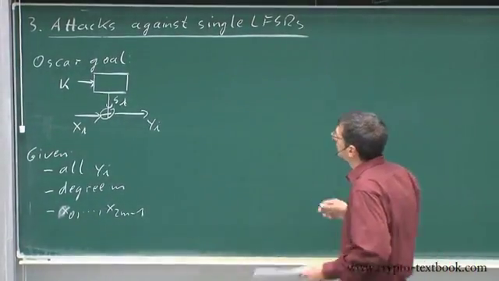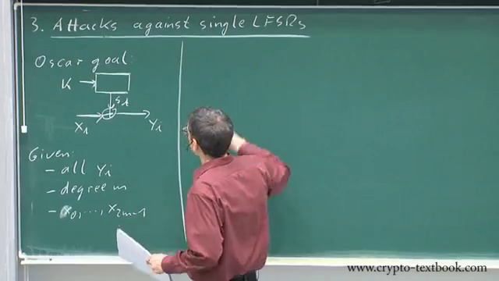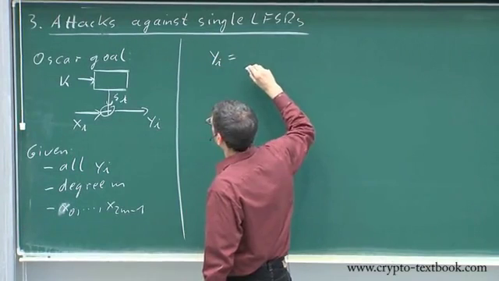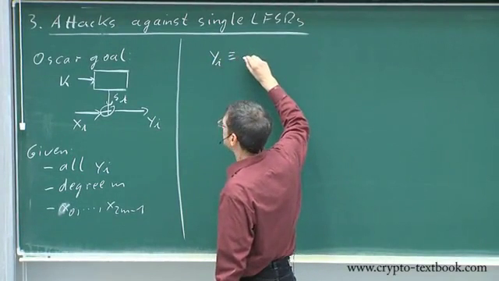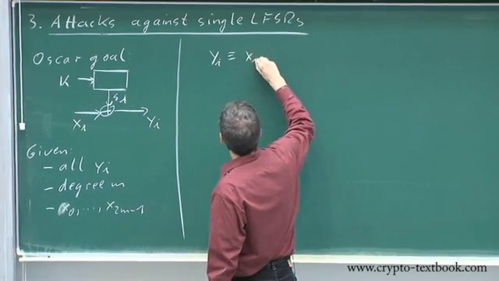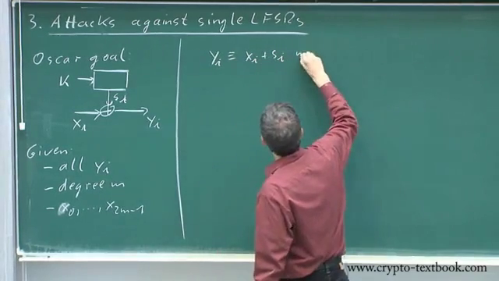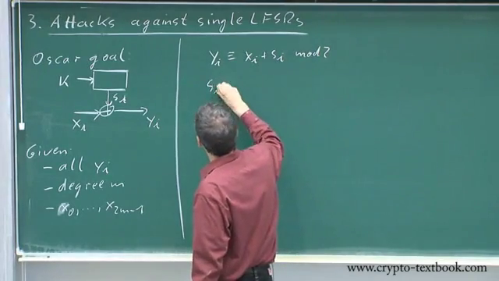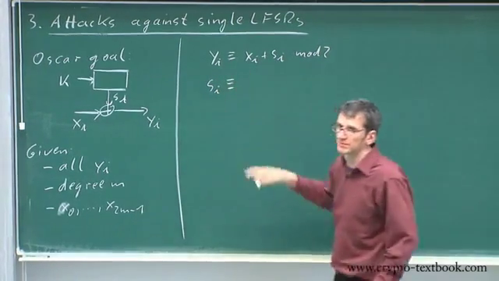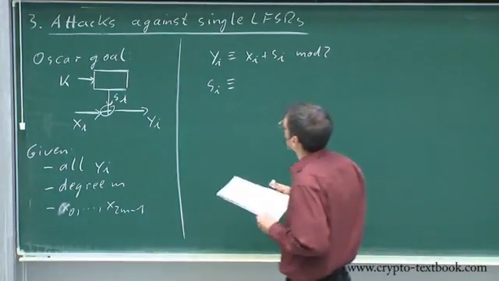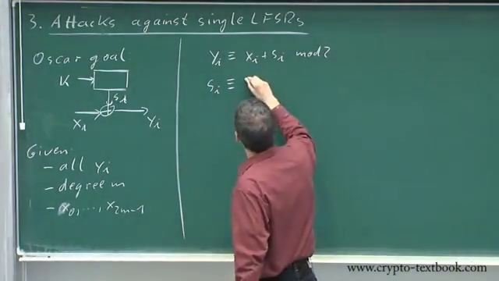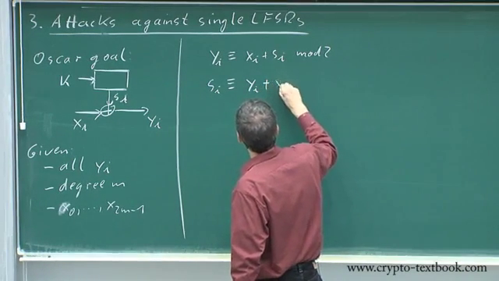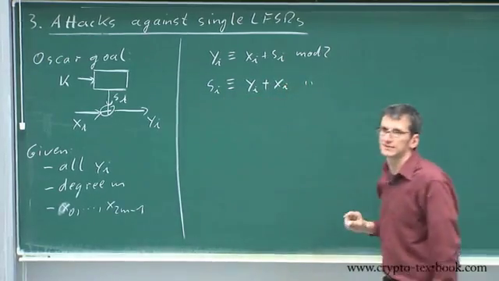The first thing he can do is, since he knows that yi is computed as xi plus si mod 2, he can solve the equation for si and recover the si.